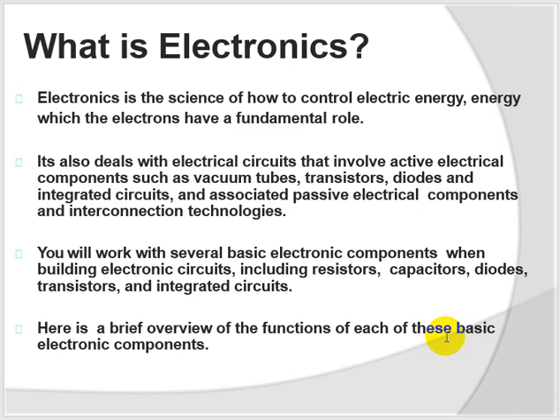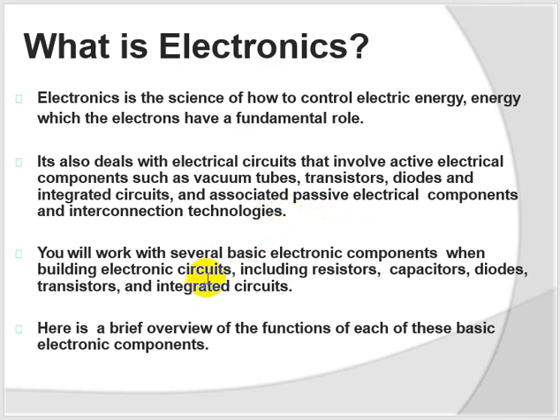What is electronics? Electronics is the science of how to control electric energy, energy in which the electrons have a fundamental role. It also deals with electrical circuits that involve active electrical components such as vacuum tubes, transistors, diodes, and integrated circuits, and associated passive electrical components and interconnection technologies.